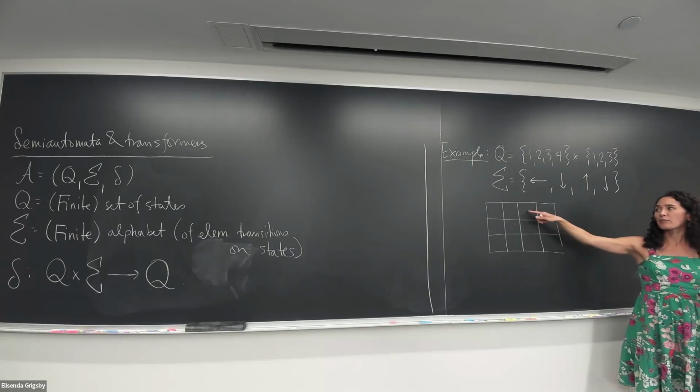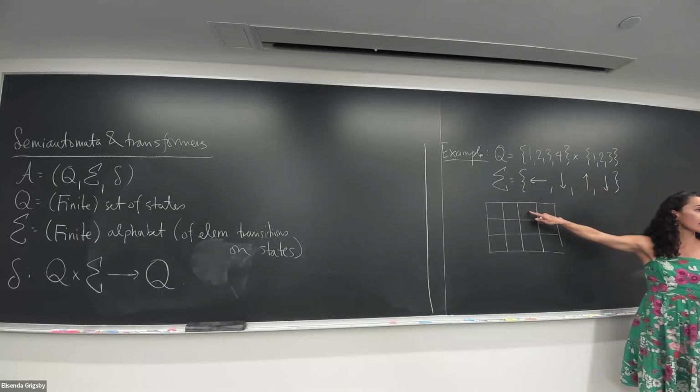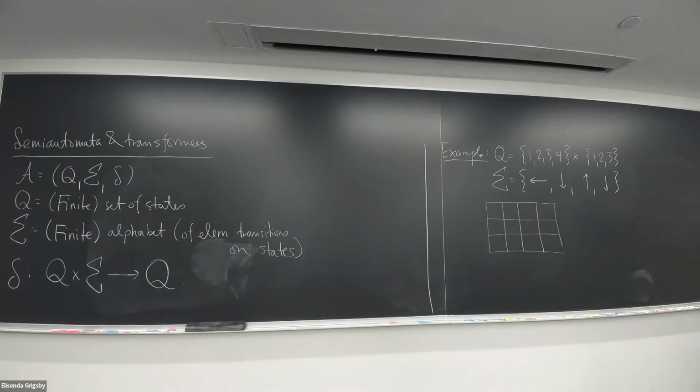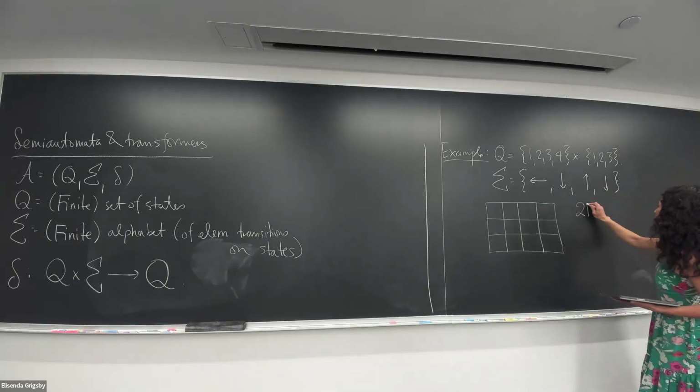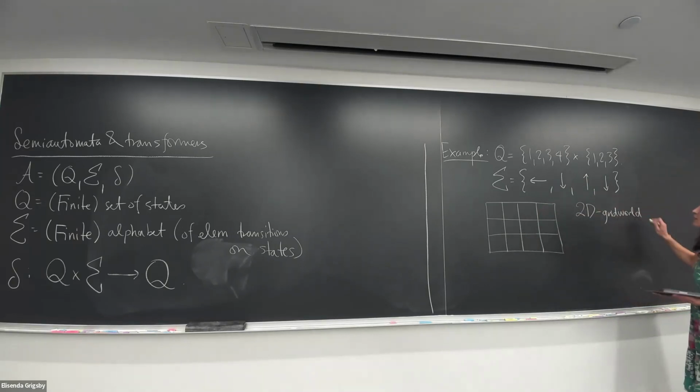And then the rule is when you're up here, if you get hit by this, then you stay. Okay, so I'm not going to write down all the transitions for that semi-automaton, but this is sometimes called, in this paper, 2D grid world.